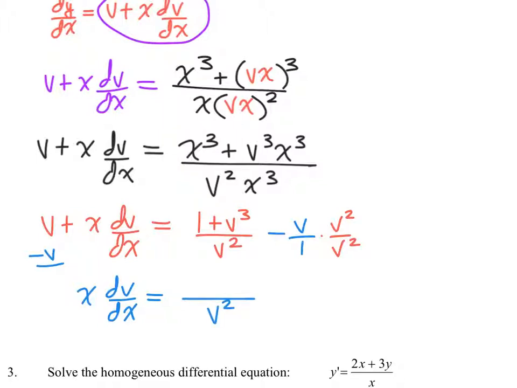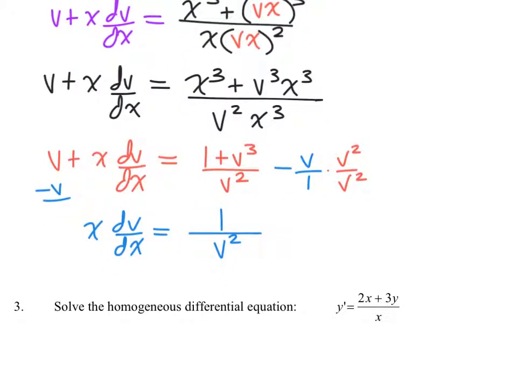Cancels, yeah. So I have a v squared on the bottom, I have a 1 on the top, and so my differential equation in differential form would be v squared dv. So, of course, it would be 1 over x dx once you divide both sides by x, because, you know, that's just obvious.